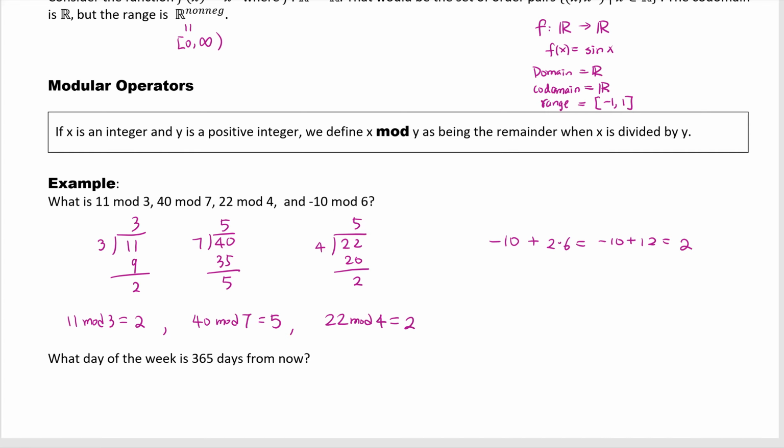So the remainder is 2 in this case. Okay, so minus 10 mod 6 equals 2. So when you have a negative number, you want to add a multiple of y such that you get a number between 0 and less than y.